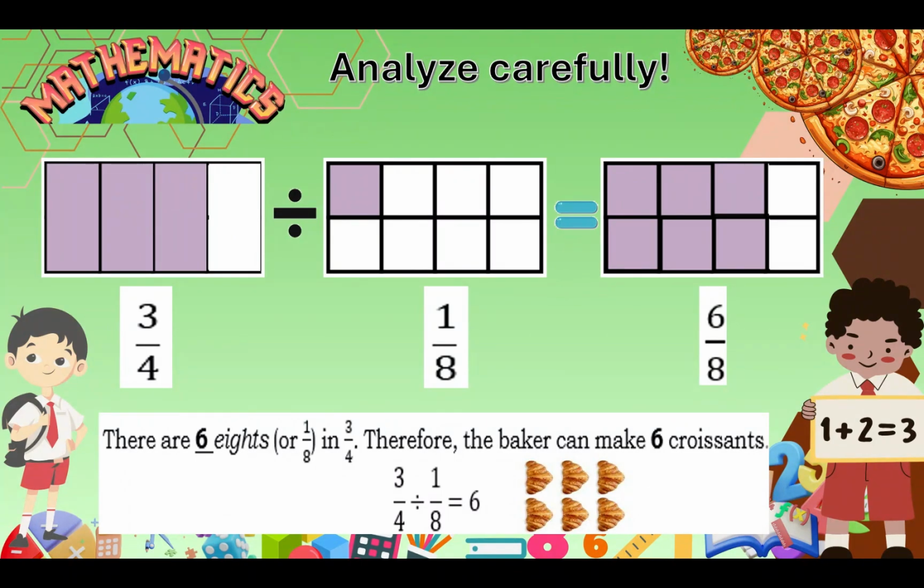Based on the illustration, there are 6 1/8 in 3/4. Therefore, the baker can make 6 croissants out of 3/4 pound of dough. So 3/4 divided by 1/8 equals 6.